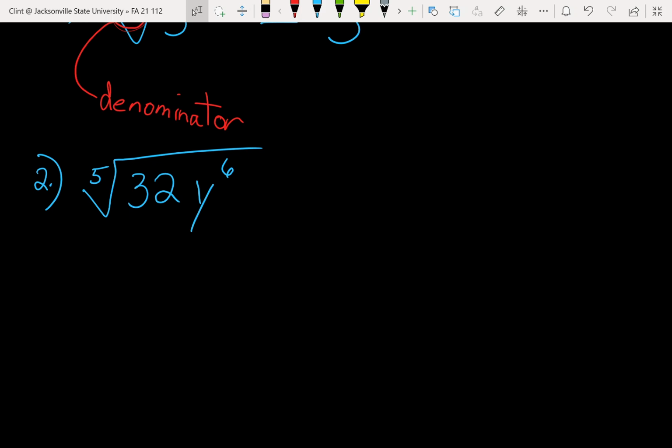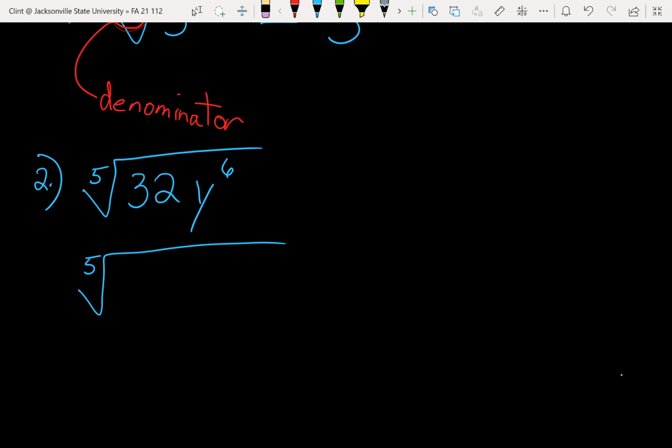You can just look for perfect squares, if you see that 32 is 2 times 16. Oh, we don't have to do that. Okay, well, it's not a square root. I was thinking square root, so we're not looking for perfect squares.